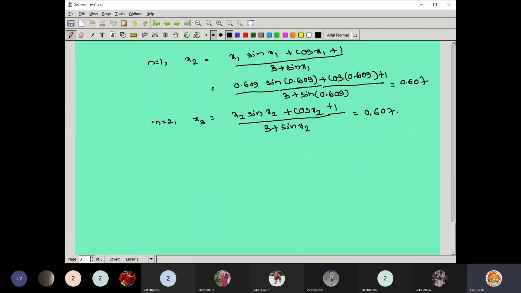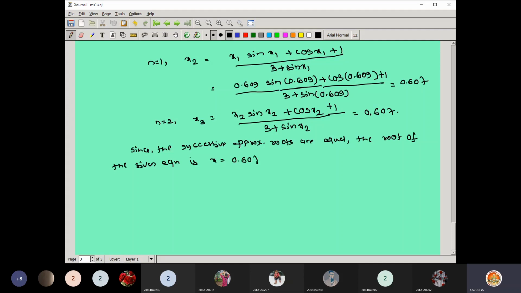So since the successive approximate roots are equal, the root of the given equation is x equal to only 0.607. That is your final answer.